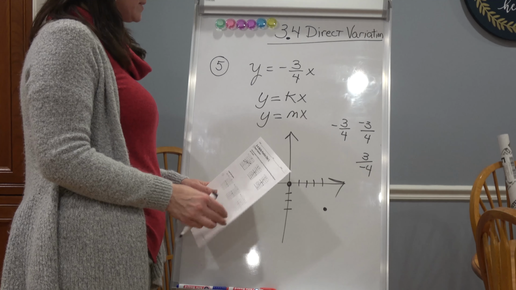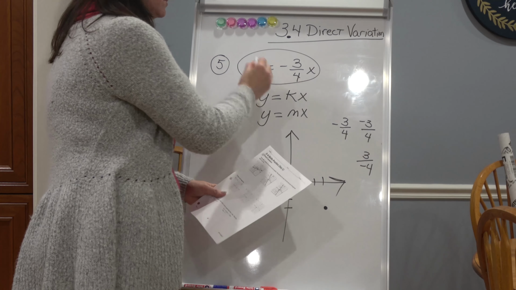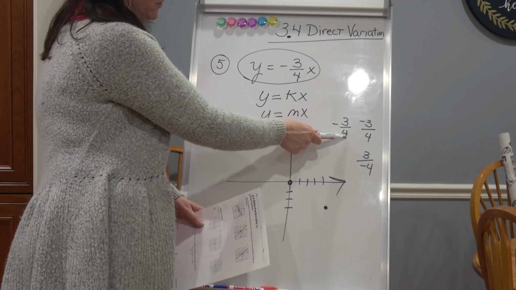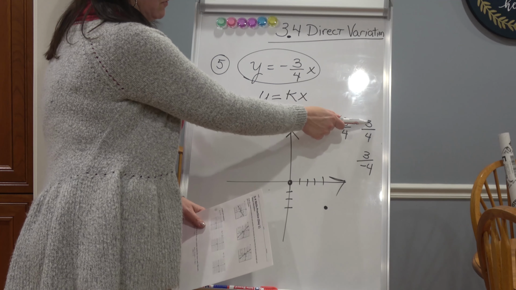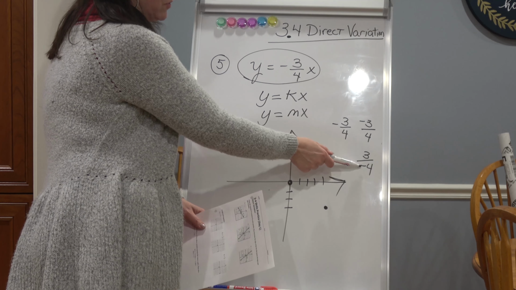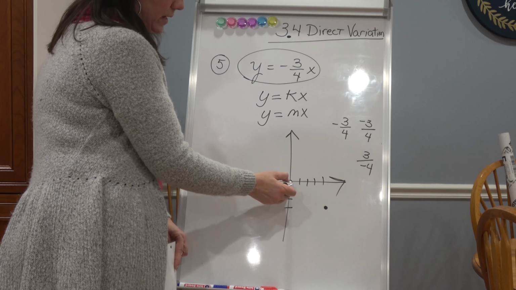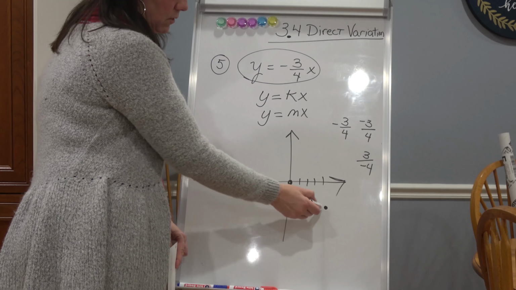We are graphing this equation, and so we know this is a slope. And the -3/4 can be thought of as a -3 over +4 or +3 over -4. And if we graph it as a -3 over +4, we go down 3 and right 4.